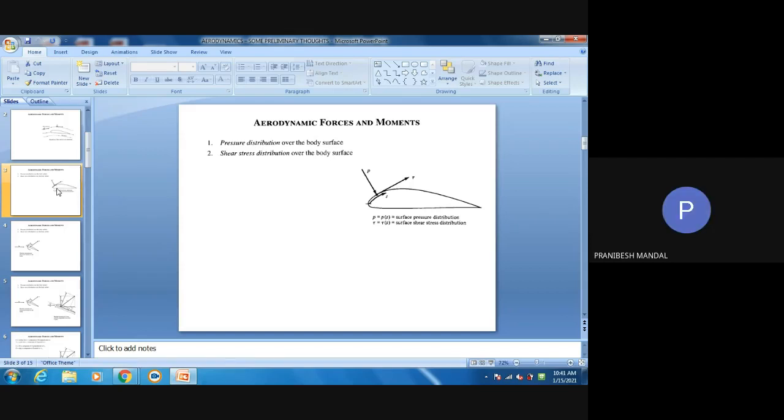Pressure is an obvious property of air that is actually acting perpendicular to the surface at any point. Any point I take, the pressure force is always perpendicular. And what is the shear stress? The shear stress is always tangential to the body surface and in a direction opposite to the direction of motion. These two things are clear or not?